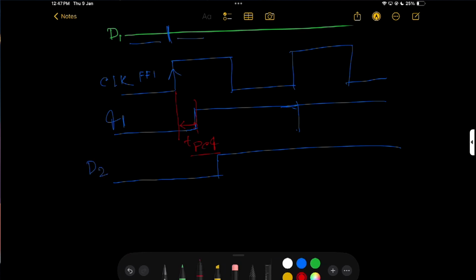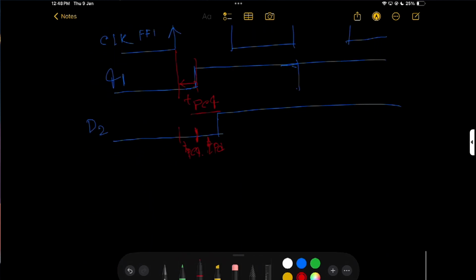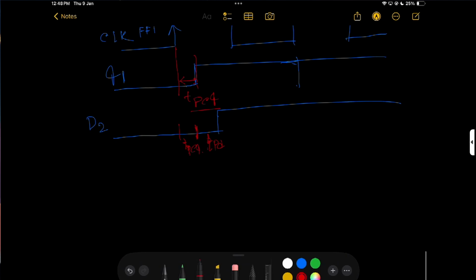What is D2? D2 is nothing but the delay: one is TPCQ and the other is my TPD. Basically TPD is the propagation delay, the combinational delay of this part. This is D2. And again, I draw the clock.